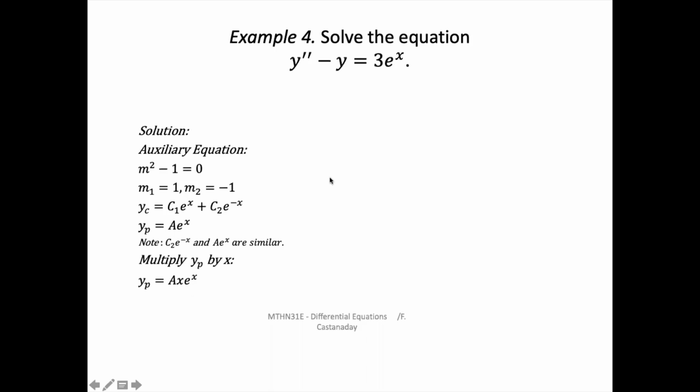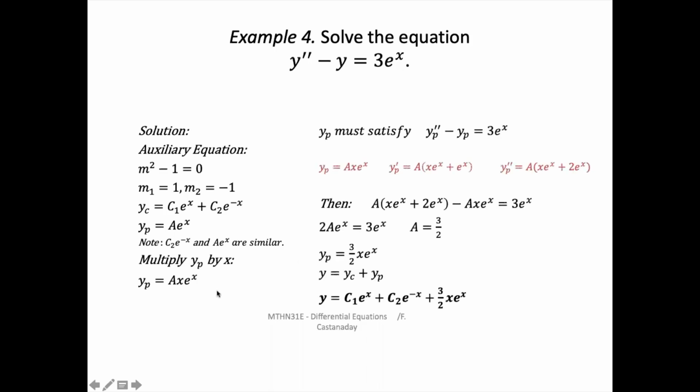And this should satisfy the given differential equation, which is y double prime minus y equals 3 e raised to x. So we replace y double prime by y double prime sub p minus y sub p equals 3 e raised to x. Since we have y double prime sub p, we need to differentiate y sub p twice.